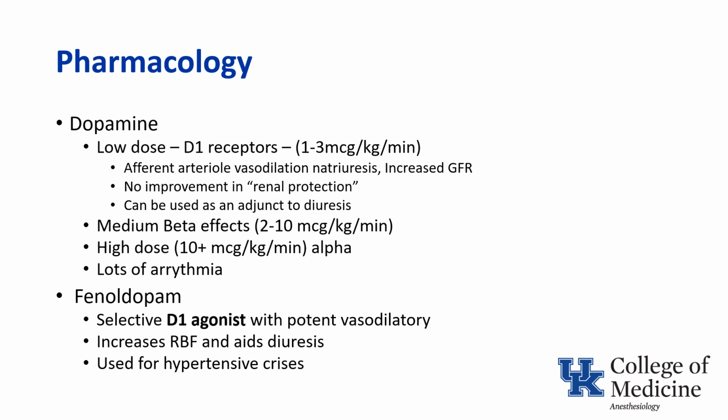Similar to low-dose dopamine, it might increase your renal blood flow and help with diuresis. The dosing of it is pretty low, 0.2 mcg/kg/min up to 0.5 or 0.8 mcg/kg/min. It has a longer half-life compared to something like nicardipine, so it's not used a ton, right? But just know that it is a selective D1 agonist.